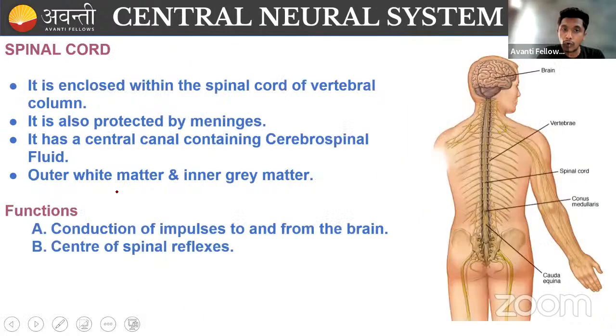All right. The other part of your central nervous system is your spinal cord. We already know that the spinal cord has a very significant role in your central nervous system, correct? I told you a small detail about what's happening in the central nervous system, especially with respect to the spine. That is the reflex actions.